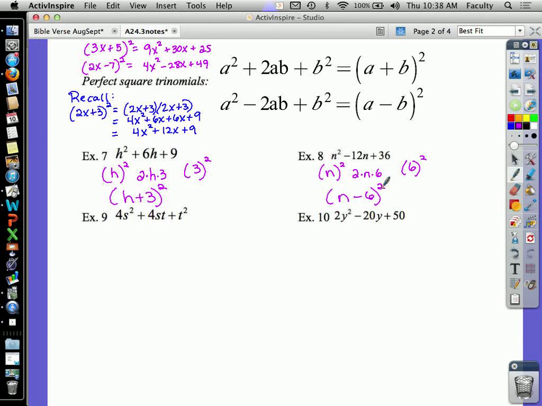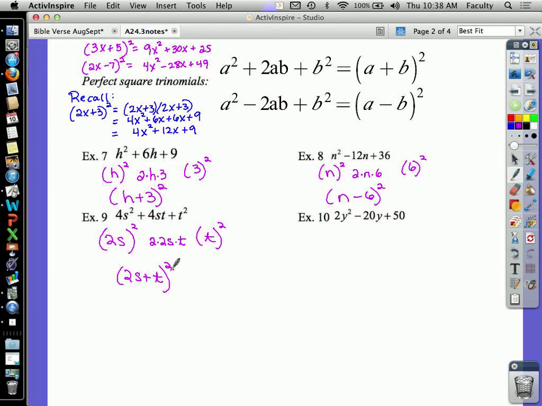All right, let's try 9. What is being squared to give you 4s squared? 2s. Awesome, guys. And then that's just t. So you take 2 times the 2s times the t. That's 4st, which is what's in the middle. So it's 2s plus t, the quantity squared.